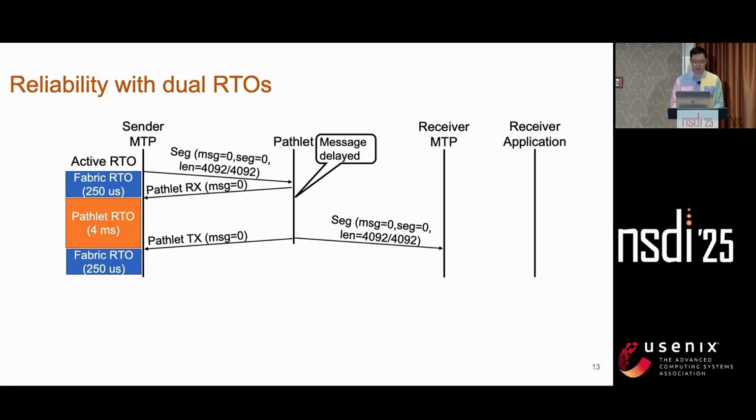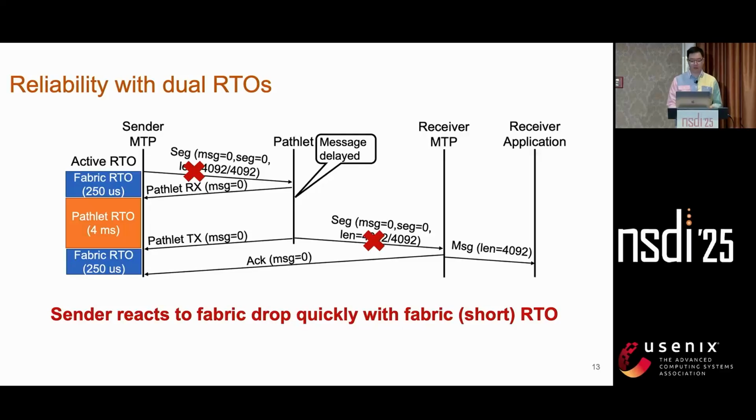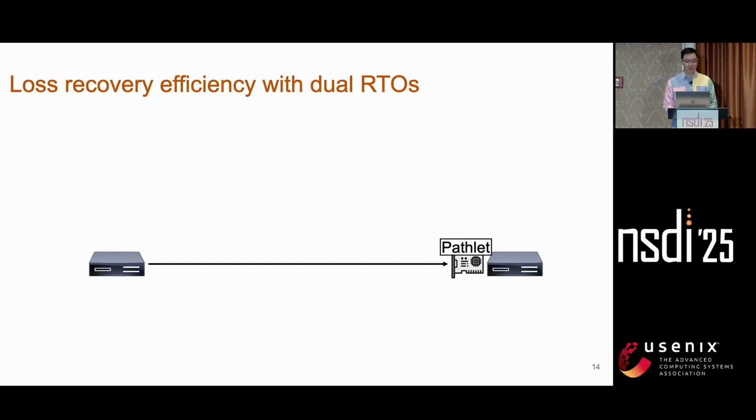Then, when the message leaves, the pathlet will send the pathlet TXACK. The sender will again revert to the fabric RTO. The receiver will send the end-to-end ACK for the message when it has received the whole message. And if the message is dropped in the fabric somewhere, the sender can retransmit the message quickly with a shorter fabric RTO.